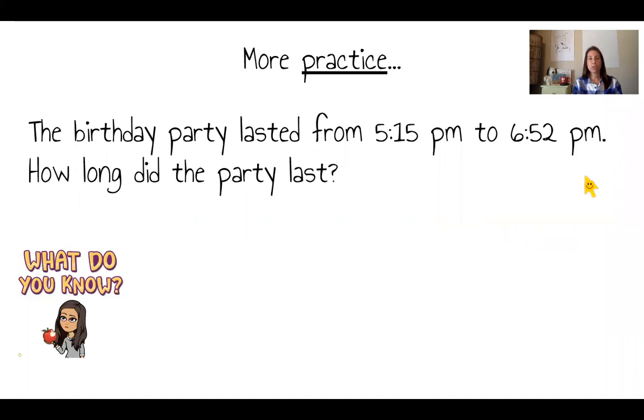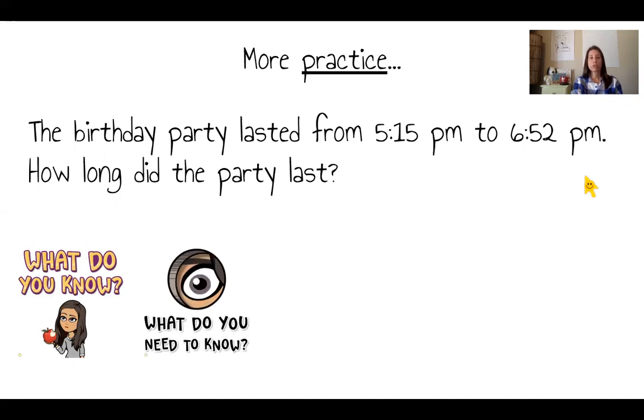Well, I know the birthday party started at 5:15. I know that. I also know that the party ended at 6:52. I do know that. So what do you need to know now? We already know quite a few things about this story. Now, what do we need to know?